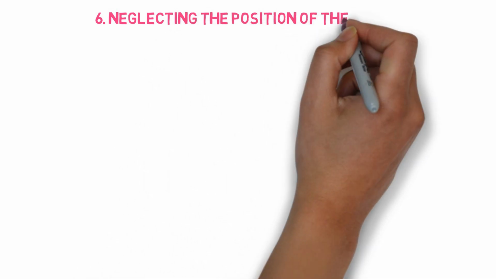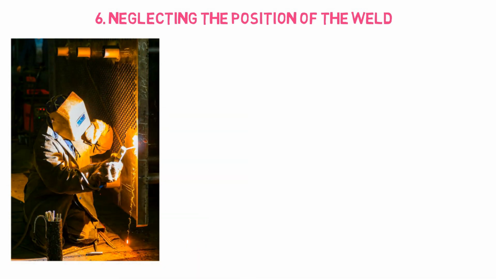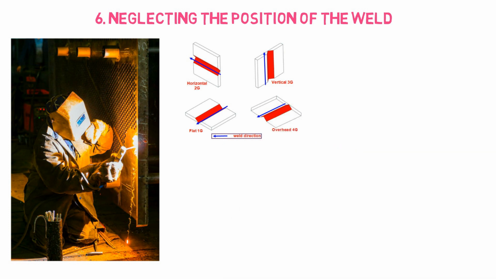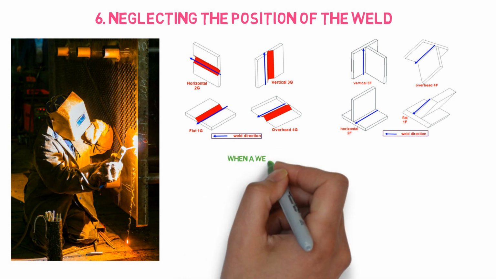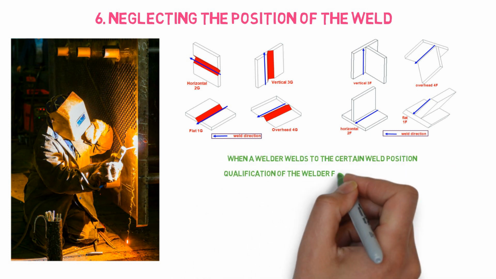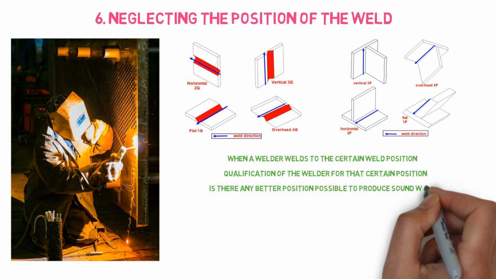The sixth error is not directly related to a welding symbol, but it's more related to neglecting the position of the weld. So based on the welding symbol and the drawing, whatever position shown for the welding connection, we have to verify that a welder is certain to do that welding or he is qualified to perform that welding.